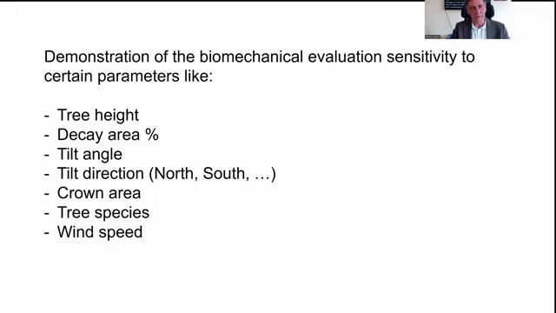Going back a little bit to the two wind models the biomechanical section is able to perform. One is the Euronorm.